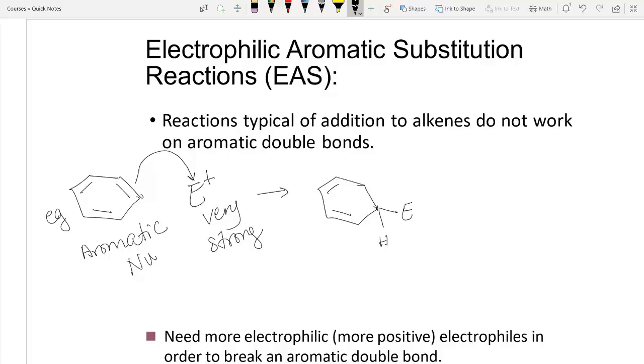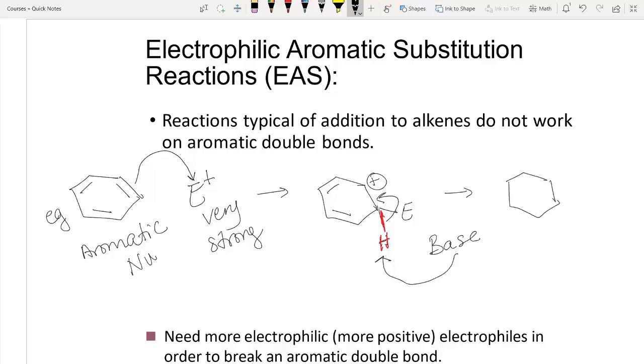It's understood, you don't have to draw it in, but I'm going to draw it in to explain what's going on. And that would leave this carbon with a plus charge. It still has its hydrogen on there, but the hydrogens, like we said, are typically not drawn in. So there's going to be some sort of base in this reaction, and it will deprotonate that hydrogen where the electrophile is, and this would be our product.